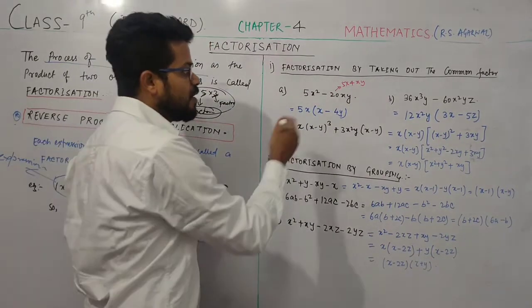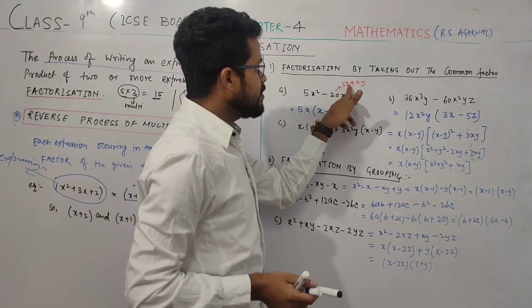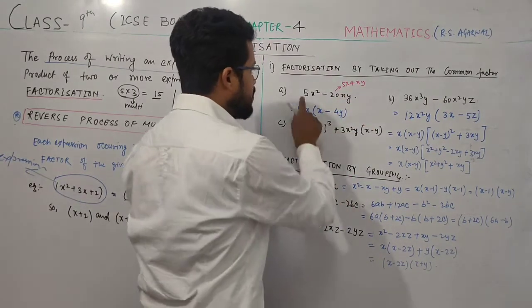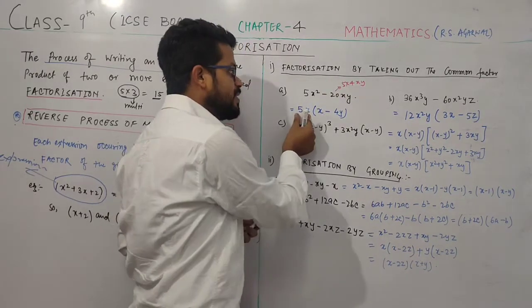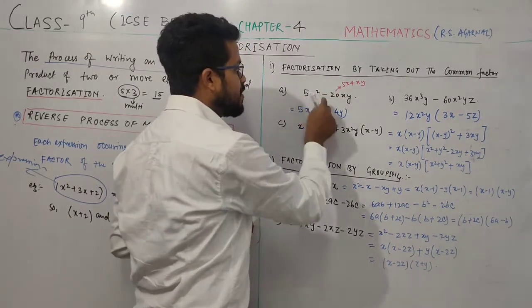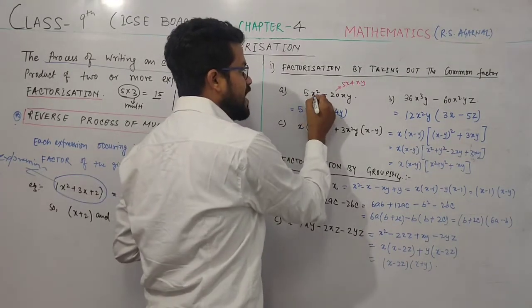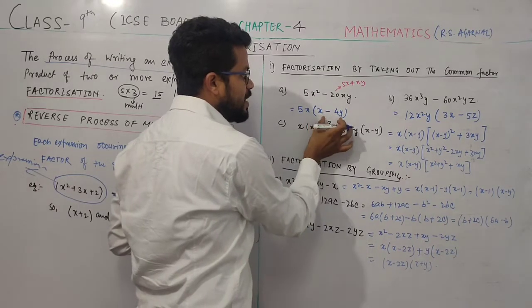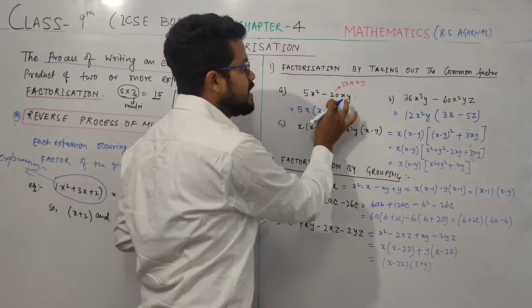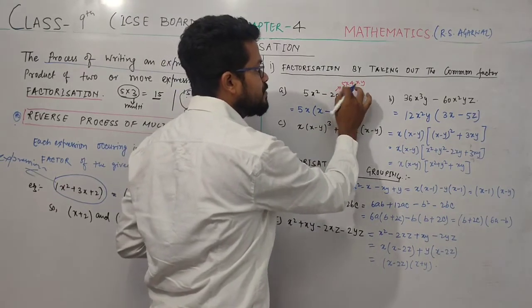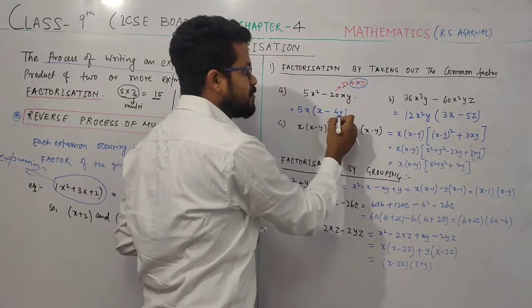So from both terms, can I take a common 5x? If I take 5x common, in the bracket x is left, so I write x minus, and in the other term, after taking out 5 and x, the remaining is 4y.